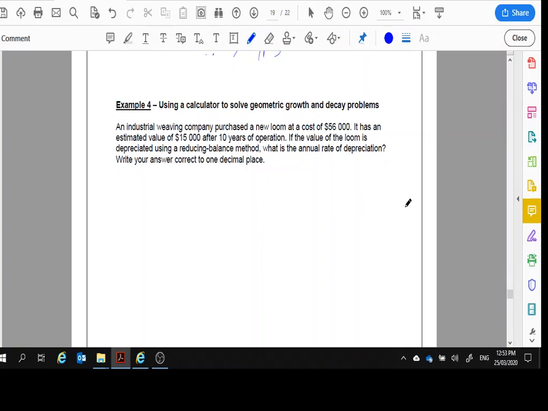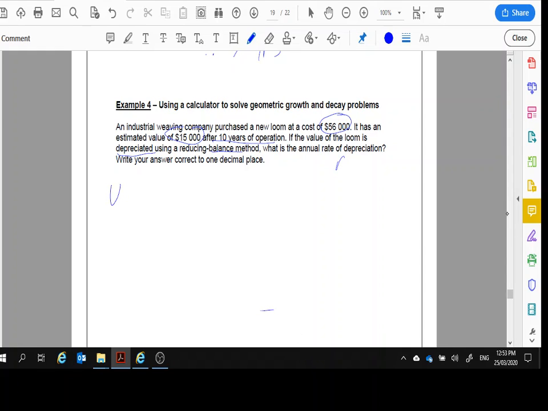Example 4. An instant weaving company purchased a new loom at a cost of $56,000, estimated value of $15,000 after 10 years. If the loom is depreciated using a reducing balance, what's the annual rate of depreciation? So we want to find our r.